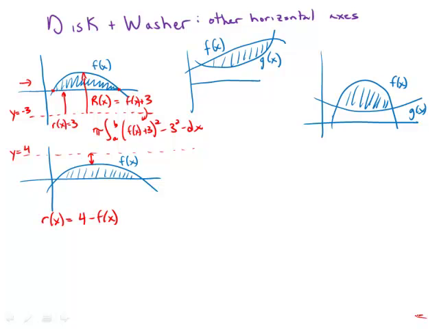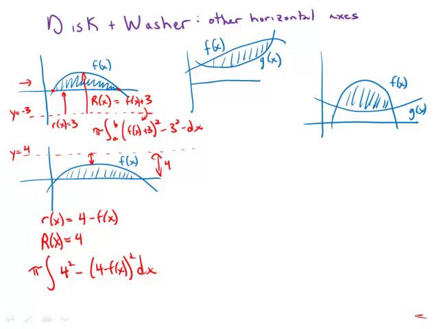The outer radius is just the distance from the axis to the x-axis. So that would just be 4. So the outer radius is 4. And so this volume would be the integral of 4 squared minus 4 minus f of x squared dx.